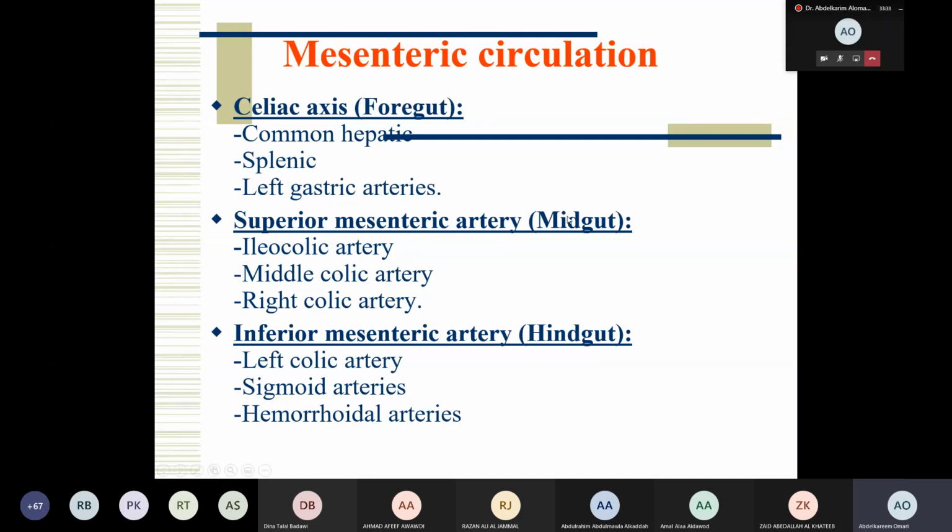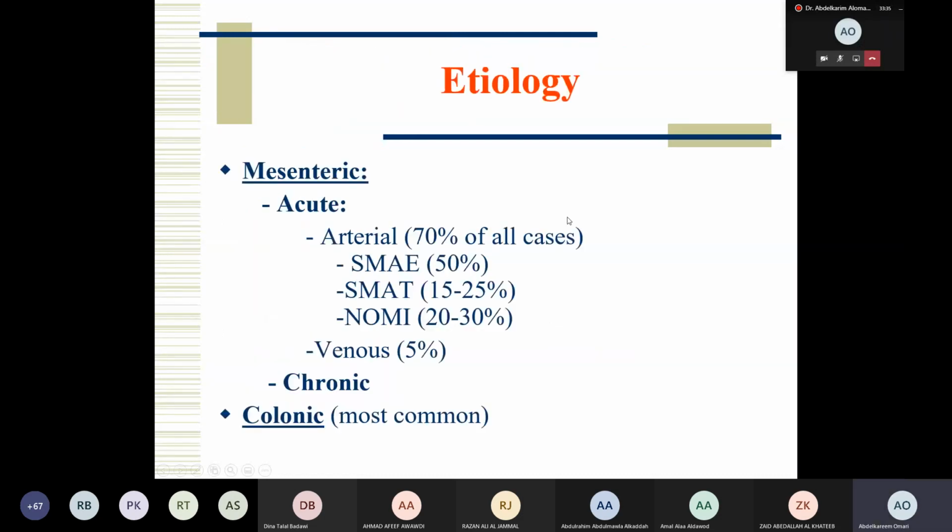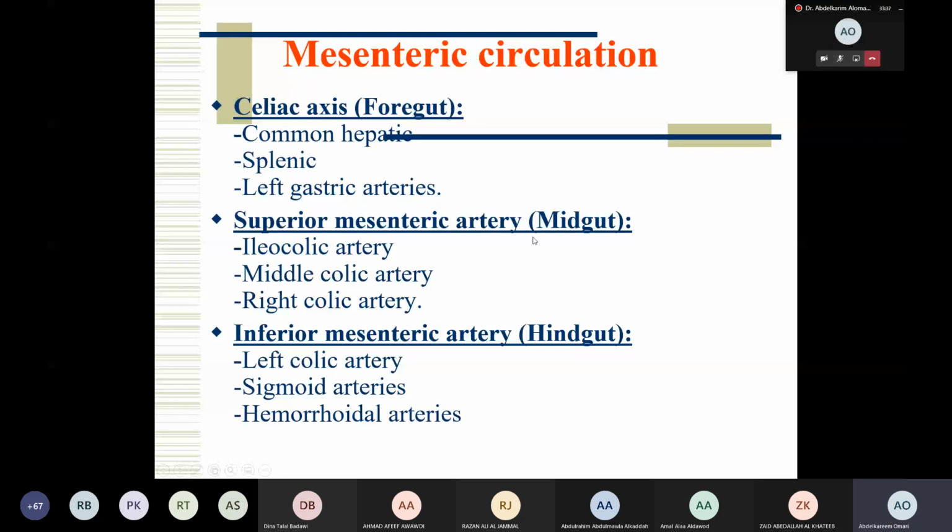It is accompanied by the left gastric vein. Of course the left gastric artery has to have the left gastric vein with it. This left gastric vein will anastomose with the esophageal veins. Esophageal veins are not portal, they are systemic circulation.